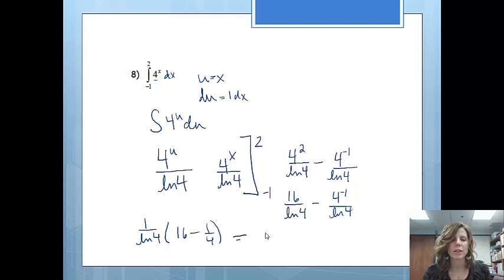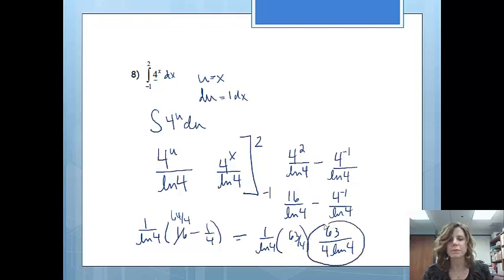And cleaning that up just a little bit, I'm going to get 1 over natural log 4 times, 16 is actually 64/4, so this will actually be 63/4 left. So my final answer will be 63 over 4 ln 4. And that will be my final answer. So hopefully now you can take the integral when we have a base other than e.